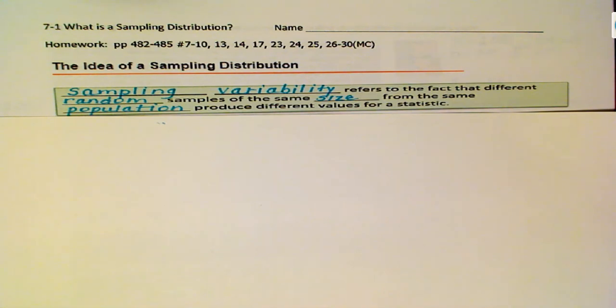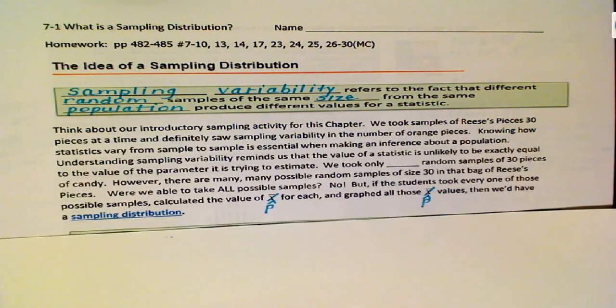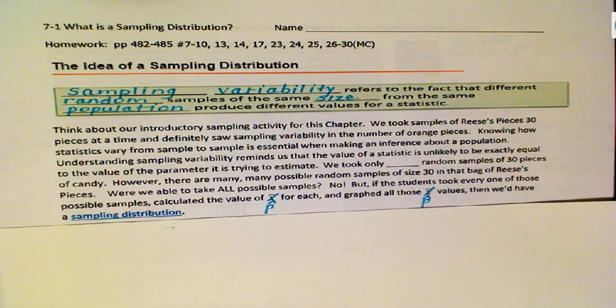One activity my class did to start this chapter was we took a sample. There is a particular proportion of orange Reese's Pieces, and we went through and we did sampling to see if we found that to be true. So think about our introductory sampling activity for this chapter.